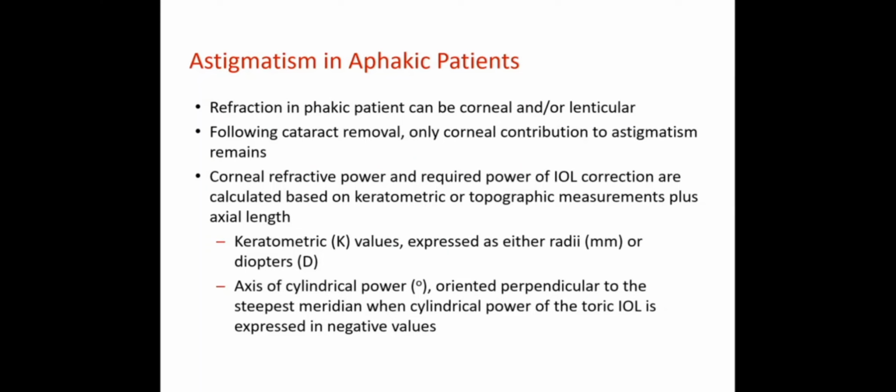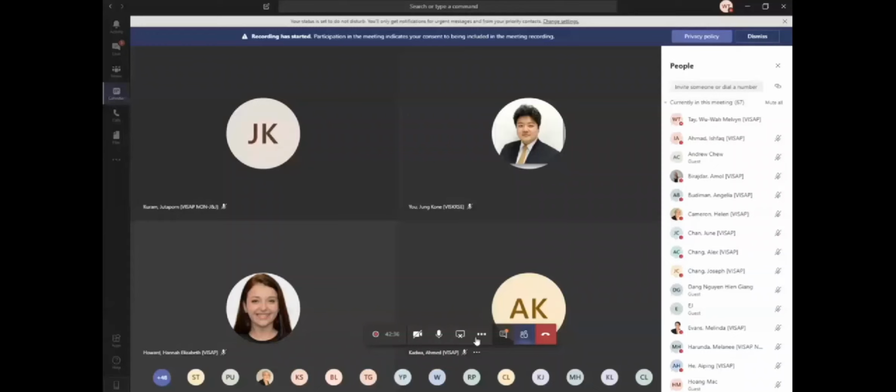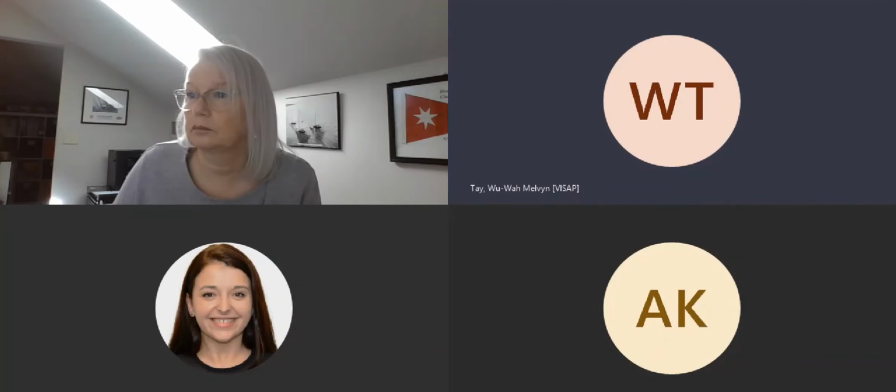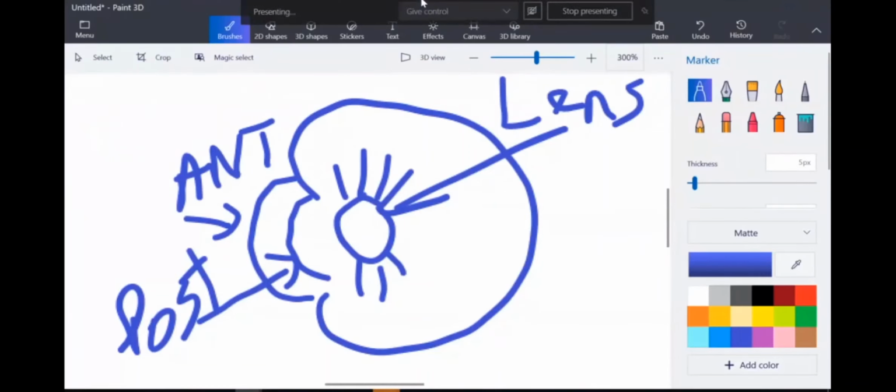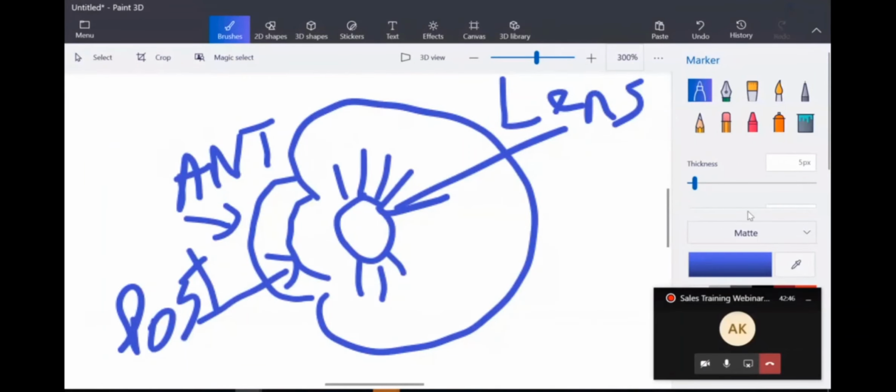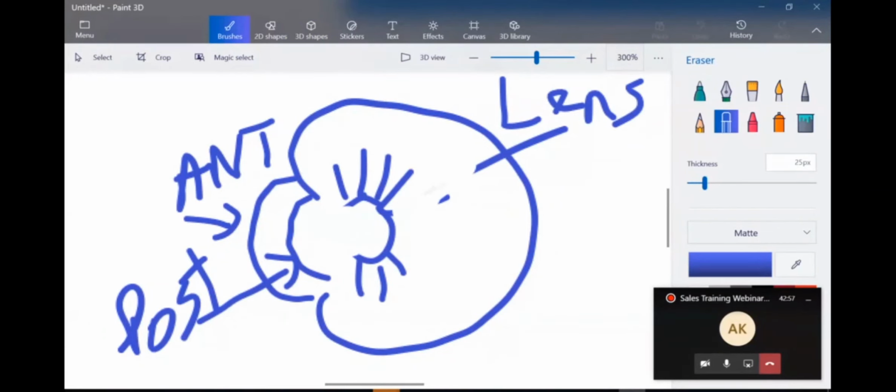So if we are having cataract surgery performed, eventually this is going to be removed.